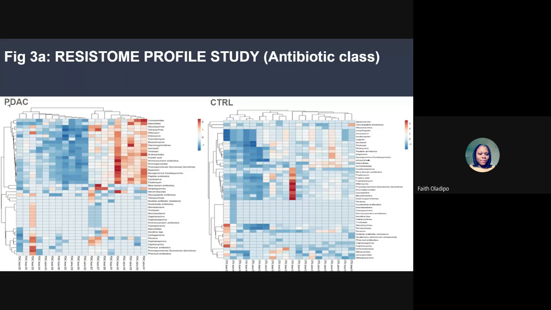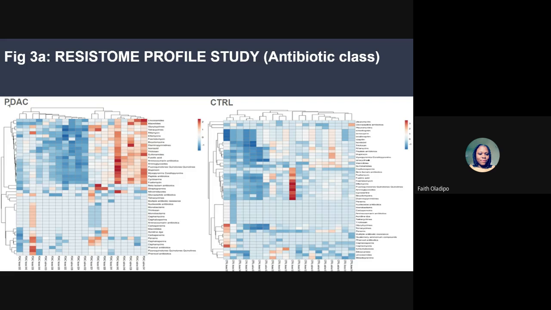We also carried out the resistance profile study using heat maps as well. We wanted to check the genes that are prevalent in the samples, and we found the 5 common antimicrobial resistance genes that are prevalent, which are the DDLs, the EFG, and many others.